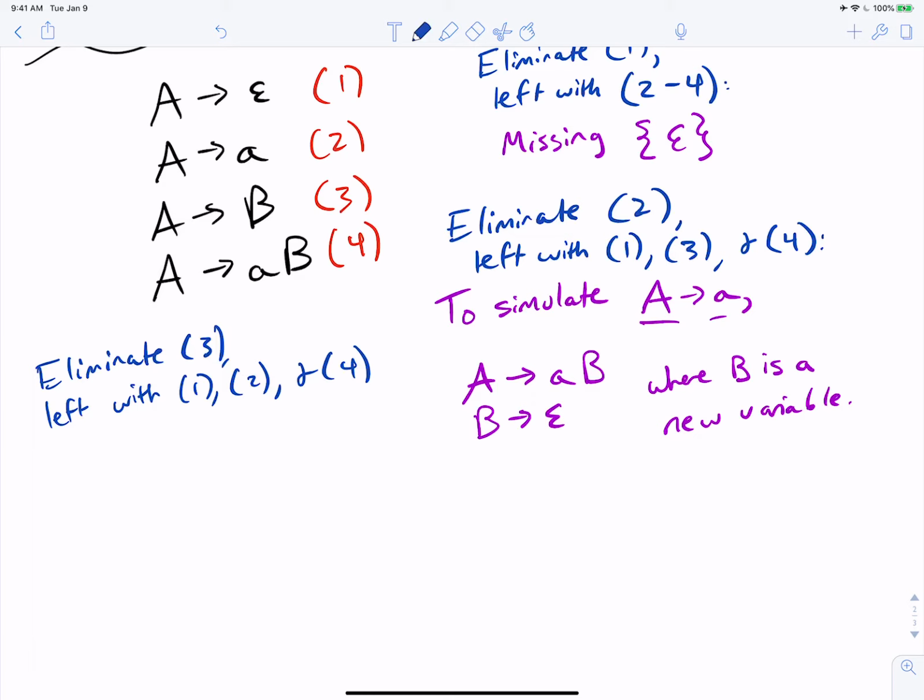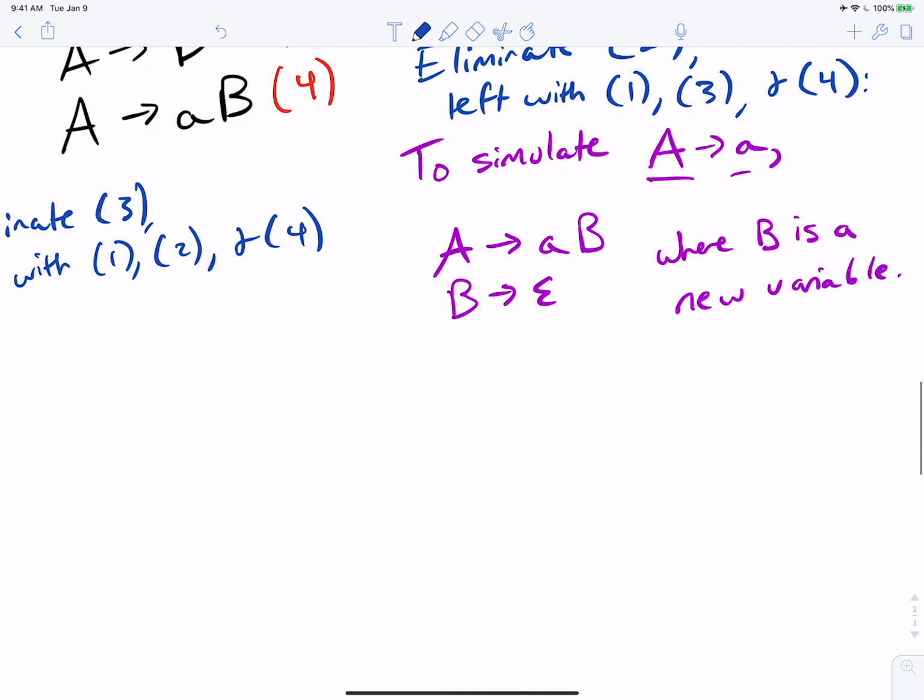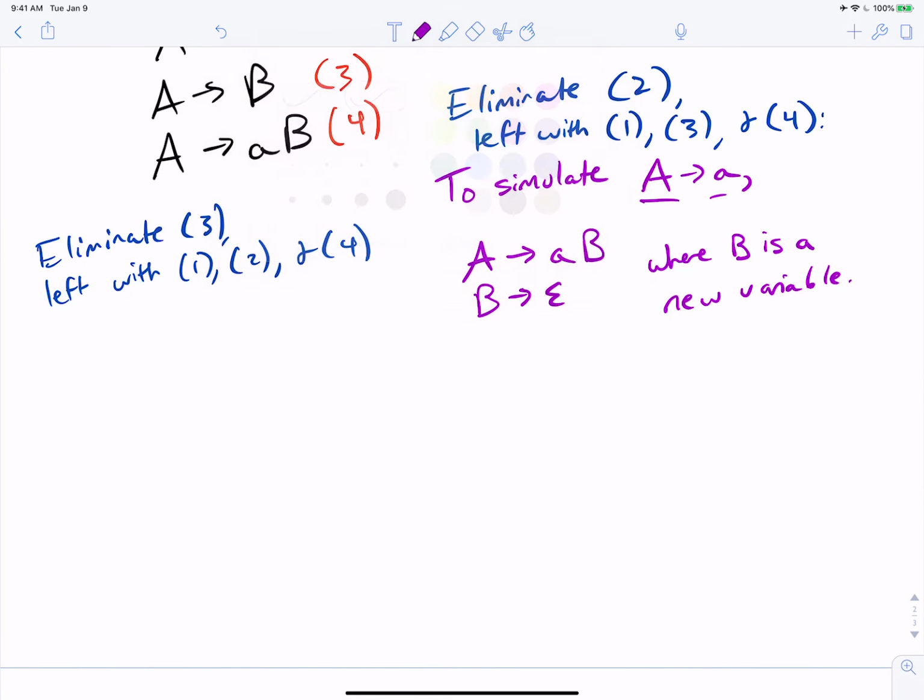The reason for that is when we're talking about context-free grammars, we're going to convert them into a form that's really simple. And one of the steps is eliminating these types of rules, which are called unit rules. But we're going to talk all about that next time. But as was pointed out, the answer is yes.